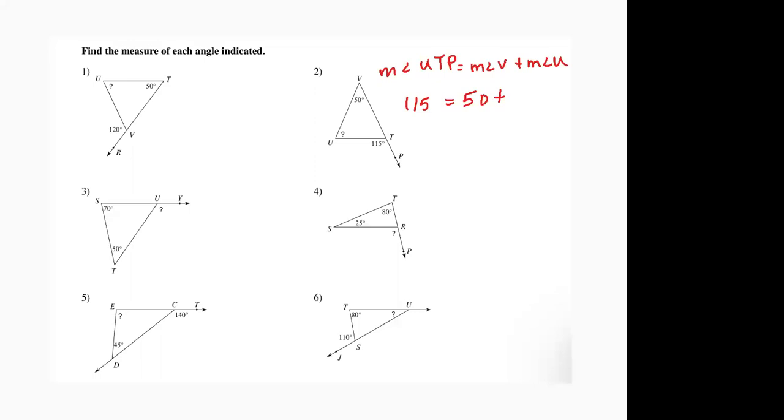So if I subtract 50 on both sides, I should get my answer, because the opposite of positive 50 is minus 50. So 115 minus 50 gives me 65. And we are done with that.